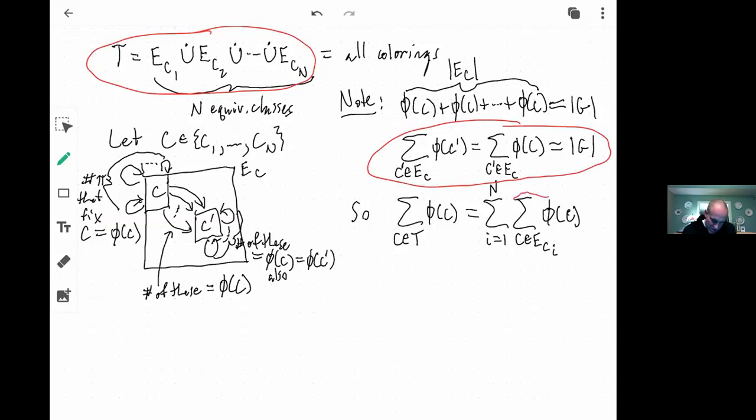So if I add up all of the phi of C's over an equivalence class, I am just going to get the size of the group every time.